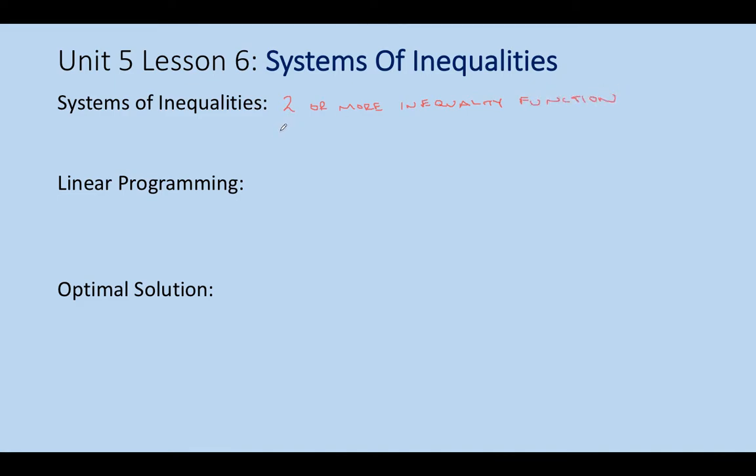A quick example might be something like, y is greater than or equal to 2x plus 1, and maybe x plus 3y is less than 6. Okay, this would be a system of inequalities. You can see we have the inequalities in here instead of the actual equal signs.